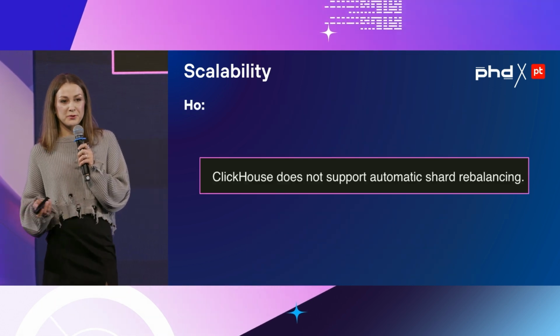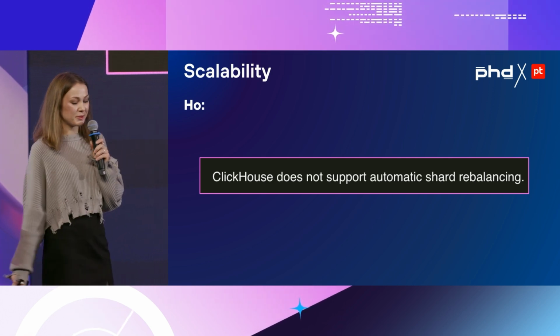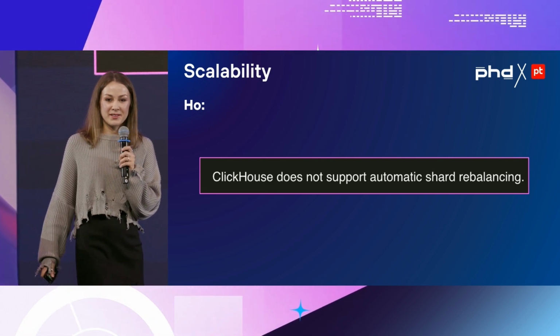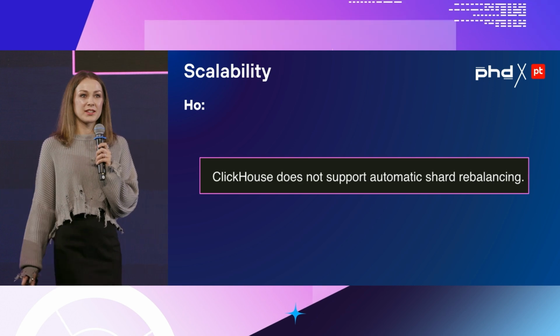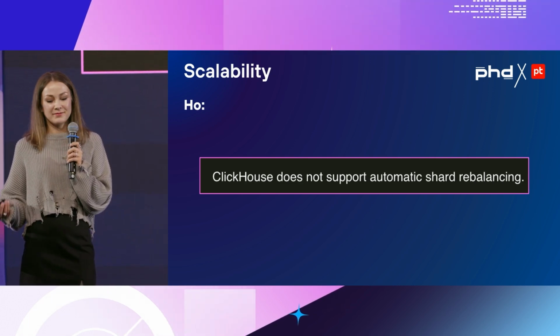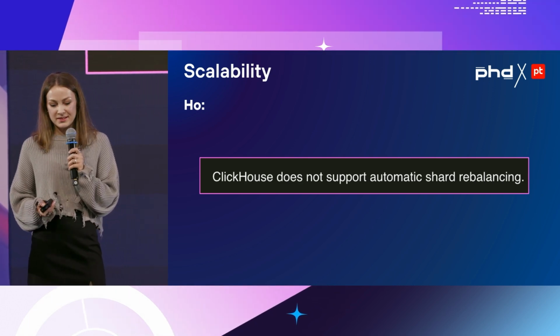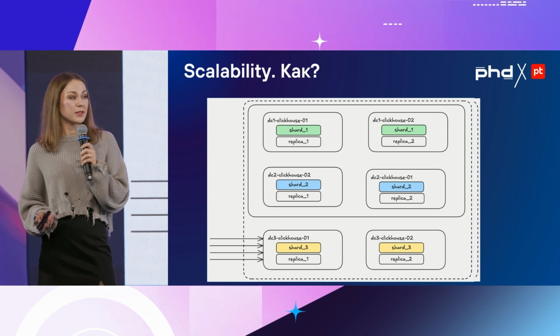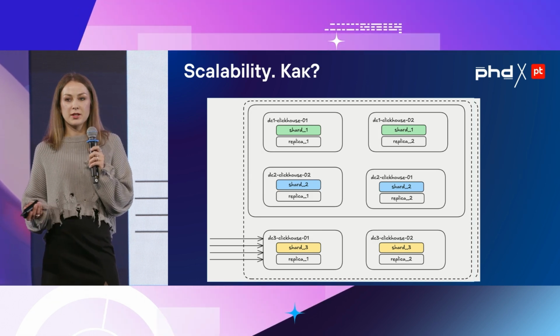After 6 months, we want to grow. We want to add a new shard, but we see that ClickHouse does not support automatic shard rebalancing. And sorry about that. What could we do?